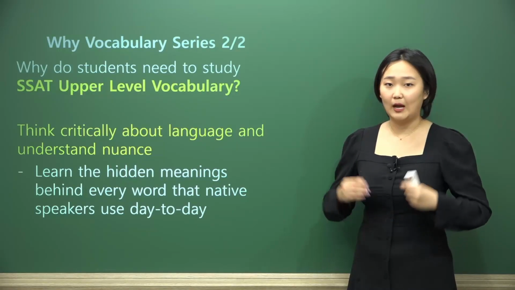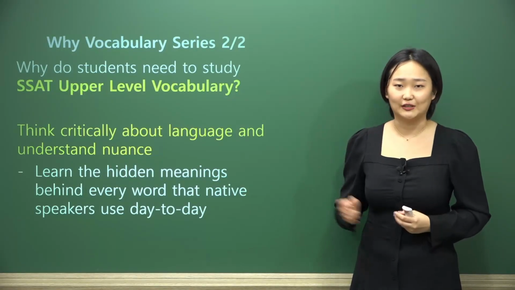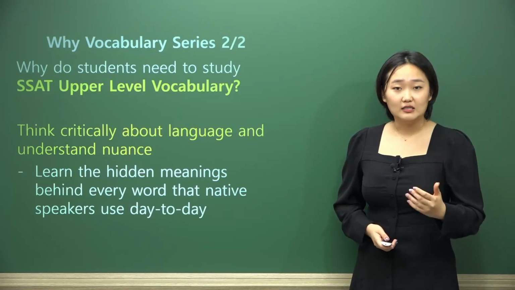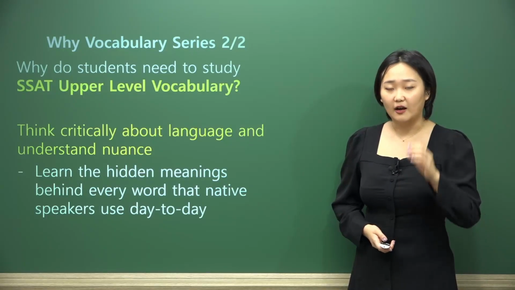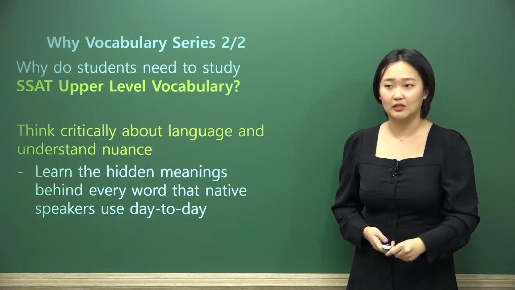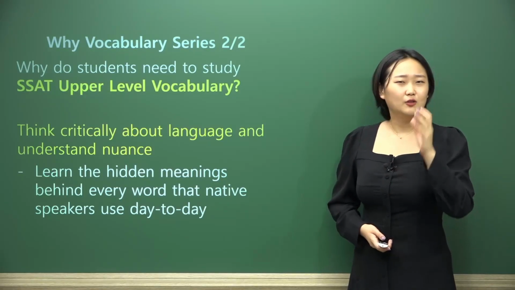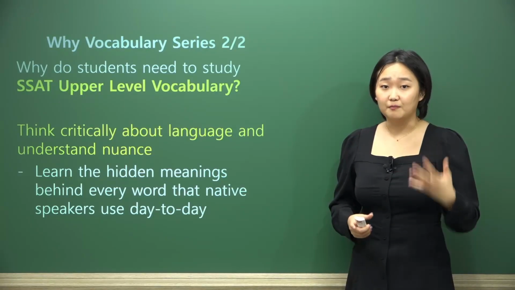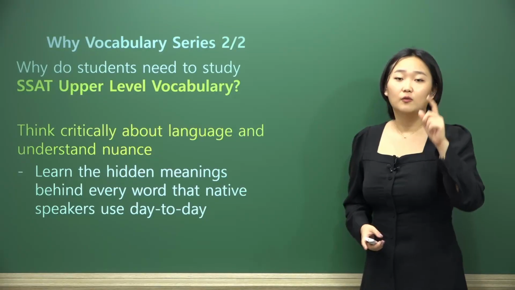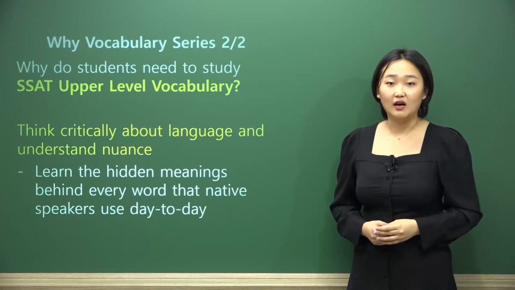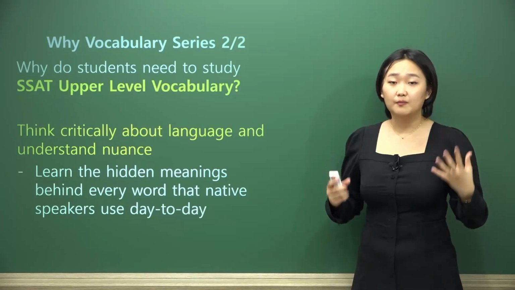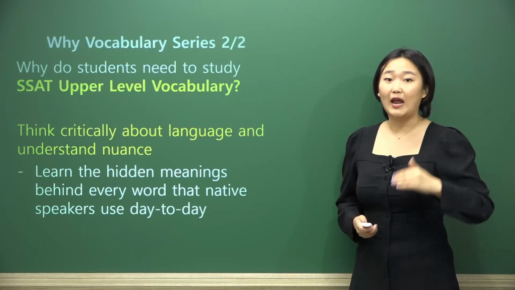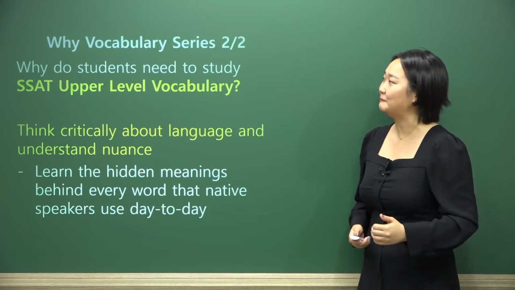In a lot of these vocabulary series, we have our dictionary definition, our synonyms, and our sentences. But a lot of times that nuance is missing, talking about context and connotation. Maybe the word is correct, but no native speaker would actually use it this way. Adding that extra information will allow us to address these questions on the SSAT exam with a bit of a different perspective and, more importantly, a much more advantageous perspective as well.